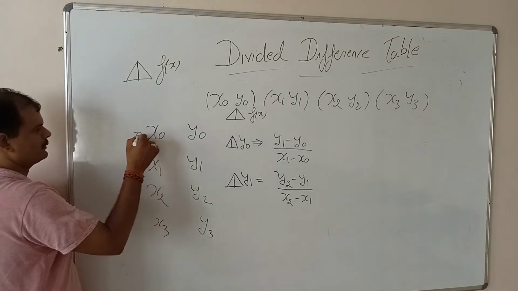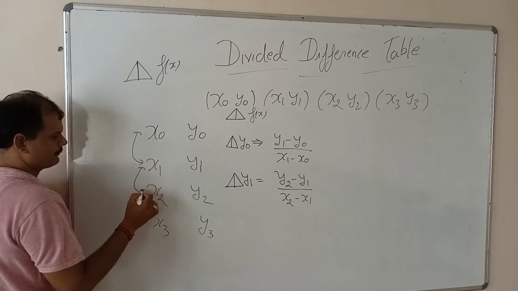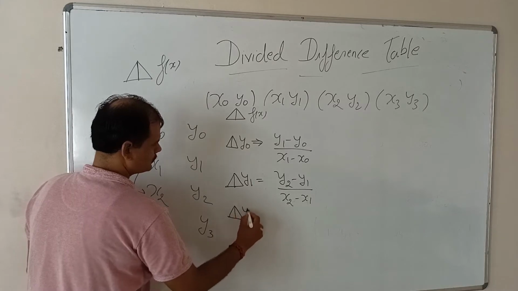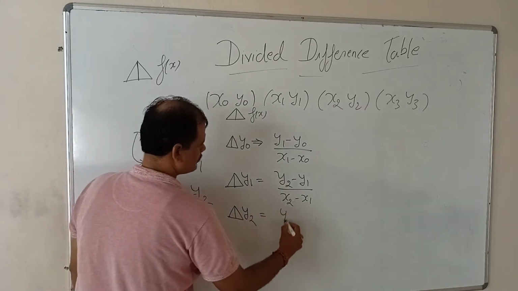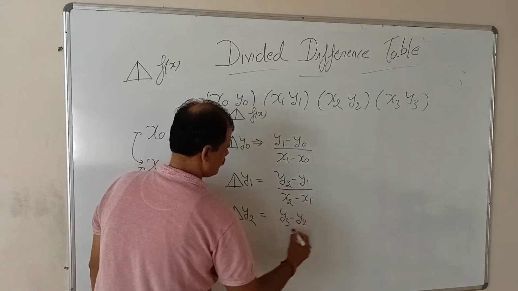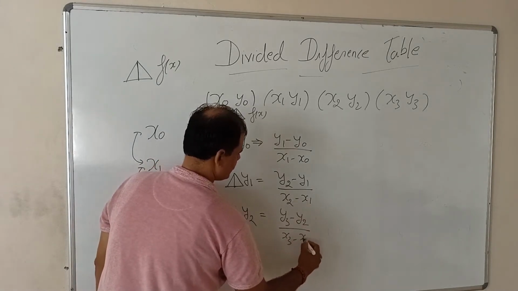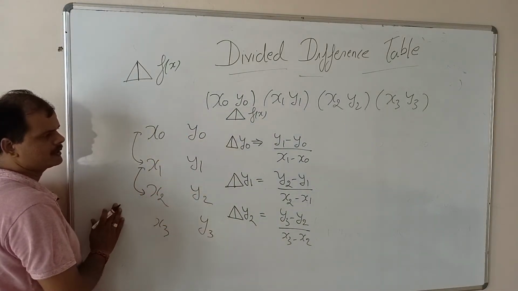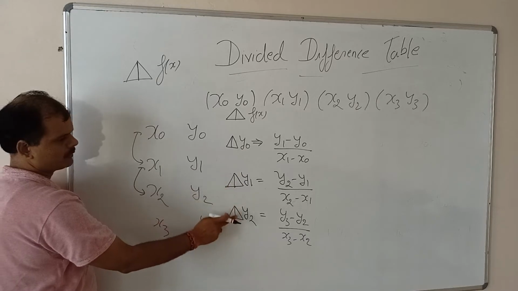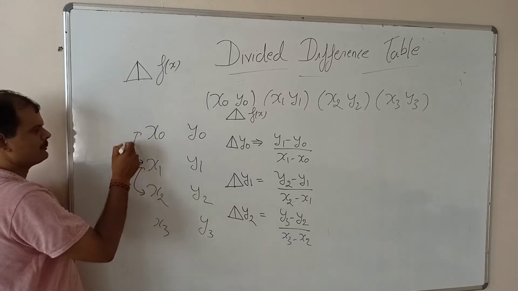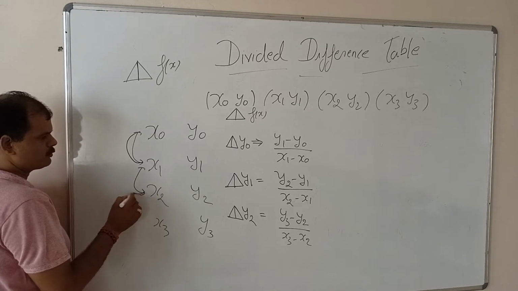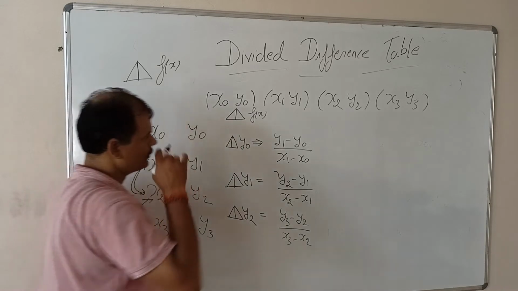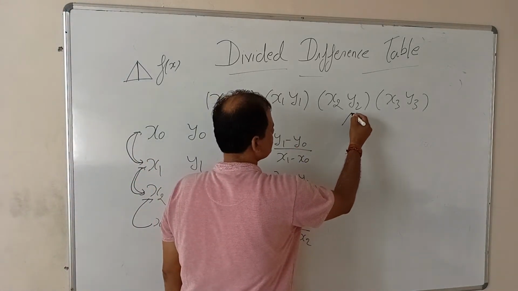And for y2, it will be (y3 minus y2) divided by (x3 minus x2). So this is the first divided difference of y0, y1, y2. For y0 we have x1 minus x0, for y1 we have x2 minus x1, and for y2 we have x3 minus x2.